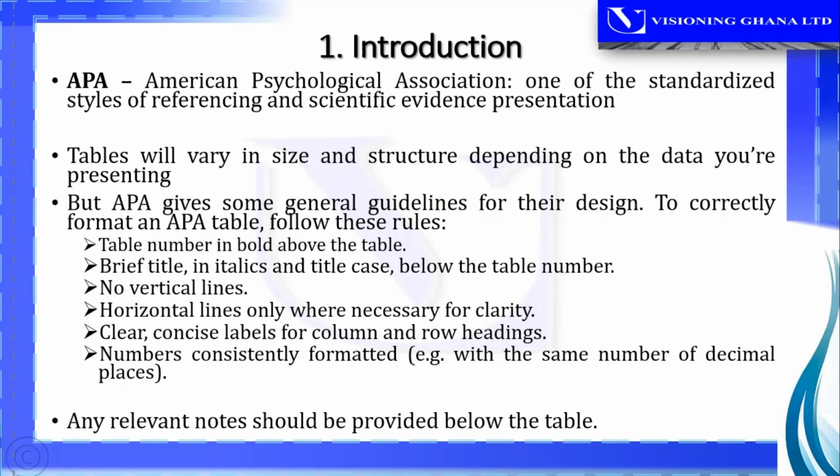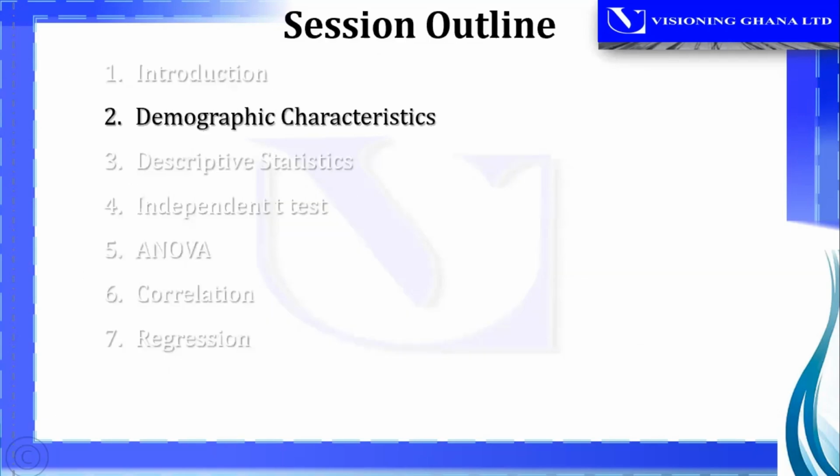And then we have to make sure that the numbers are consistently formatted. So if we are dealing with 2 decimal places, we have to make sure that all the numbers that we are dealing with are in 2 decimal places. And then if you need to bring any relevant footnotes, you provide that below the table.